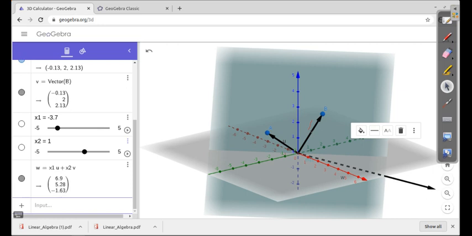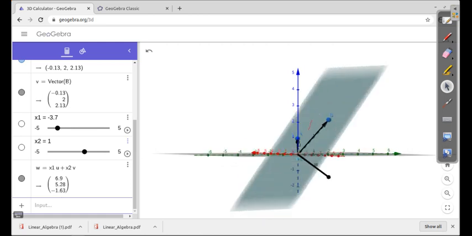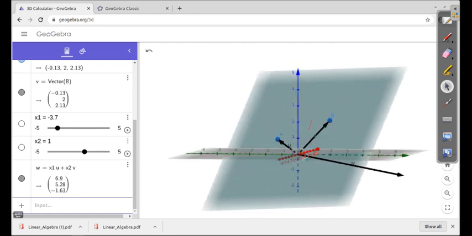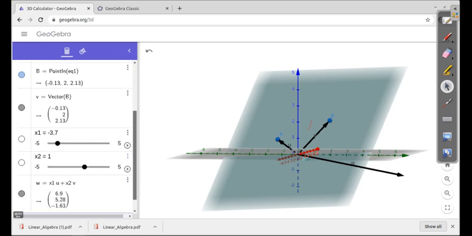You can see it is aligning with the plane, right? It is showing outside only because of the visibility, but it is always in the plane. Now I change the values of x1 and x2.